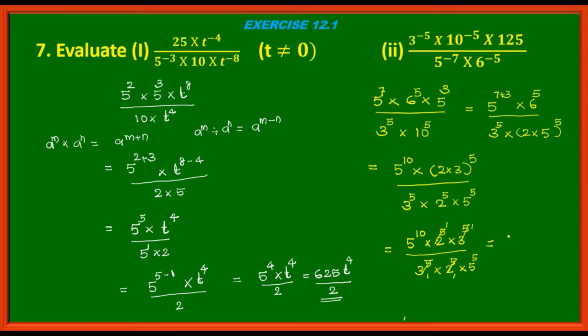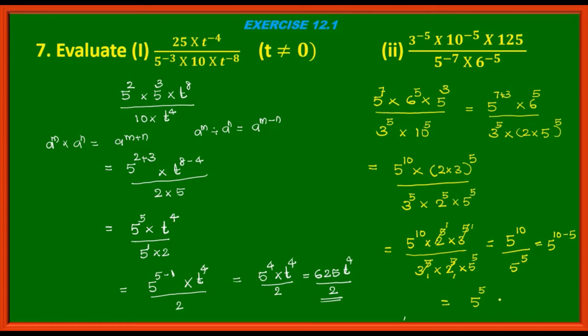Then what is remaining here? 5 raised to 10 divided by 5 raised to 5, into 1. So 5 raised to 10 divided by 5 raised to 5 becomes 5 raised to 10 minus 5, which is 5 raised to 5.